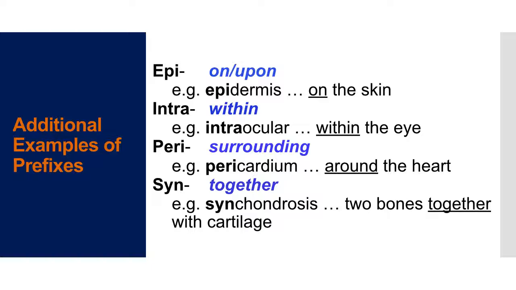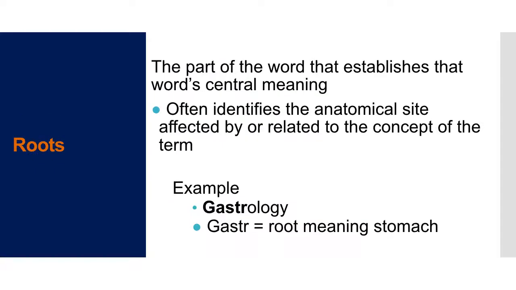And syn means together, such as synchondrosis, which means two bones are joined together with cartilage. So you see how when you learn about prefixes and roots and suffixes and get familiar with their meanings, you can look at a very long medical term and figure out what it means.